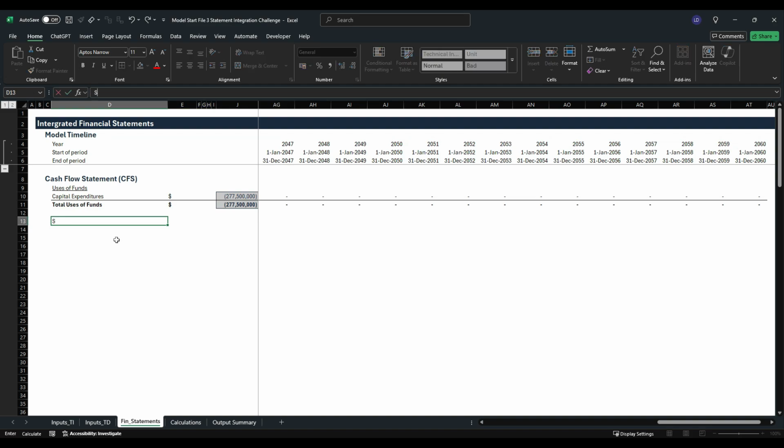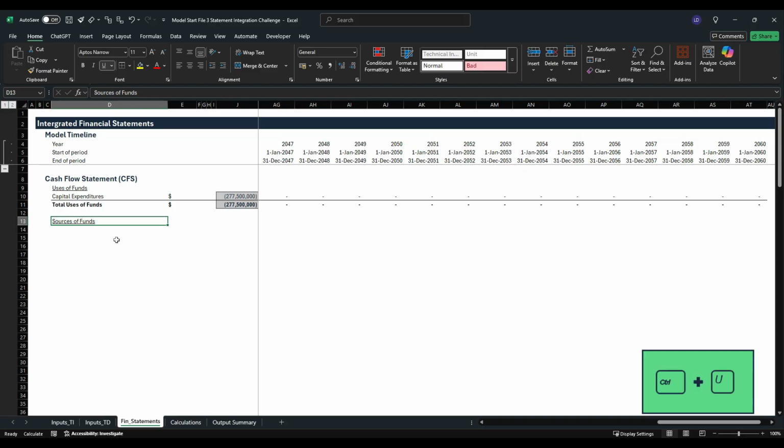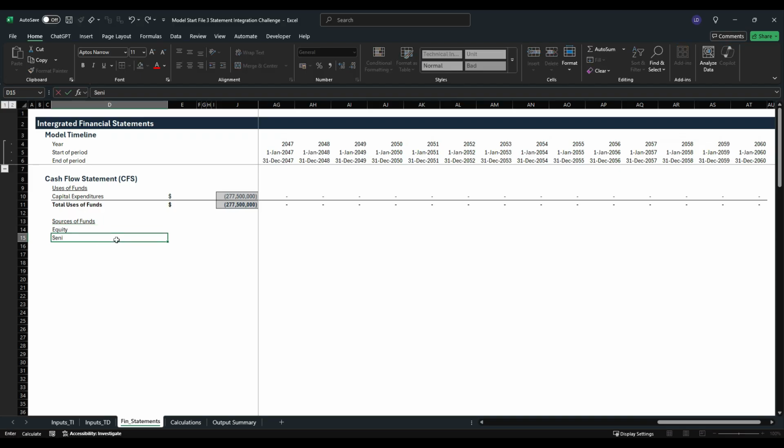Next up, our sources of funds. So where is the capital coming from to actually pay for our capital expenditures? Control U. And our sources of funds are equity and senior debt. In more advanced models, you might see a shareholder loan, but in this case, we only have equity and debt.